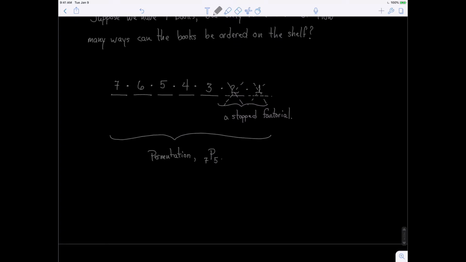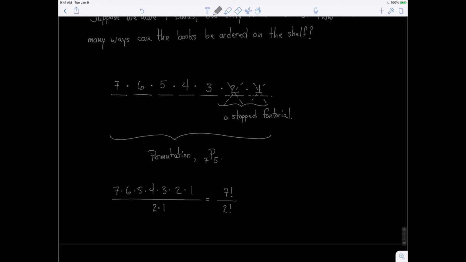If you think about what happened here, we have 7 times 6 times 5 times 4 times 3 times 2 times 1. Well, that would be 7 factorial, but we know that's not the right answer. We don't want the 2 or the 1, so we need to divide by 2 times 1. In the numerator I have 7 factorial, and in the denominator I have 2 factorial.